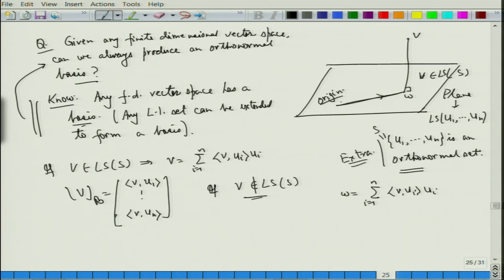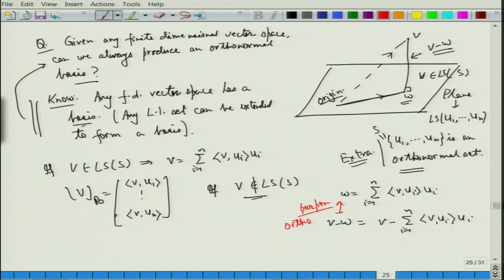So this vector v is this vector plus this vector. Therefore we are looking at v minus w, which is v minus the summation, i from 1 to n, of v comma ui. So what we see is that these two vectors are perpendicular, or what we said, orthogonal.